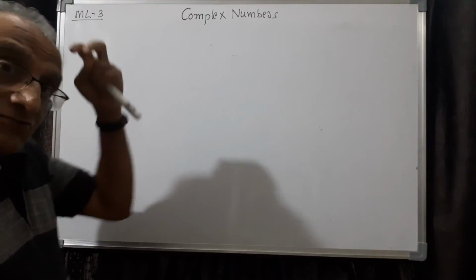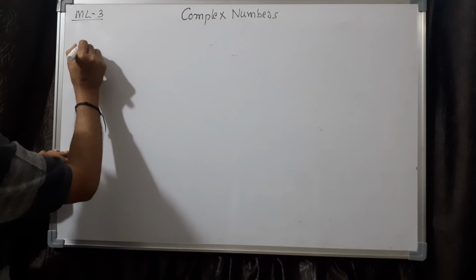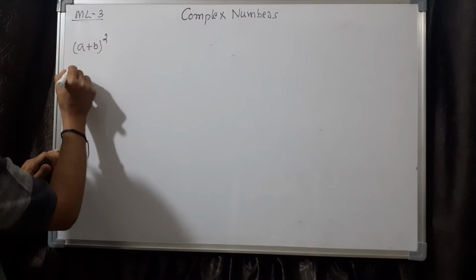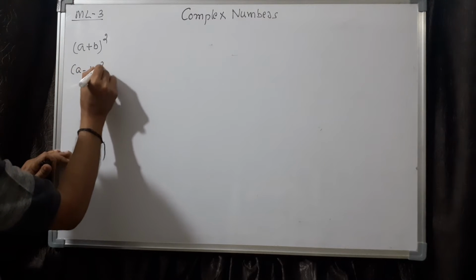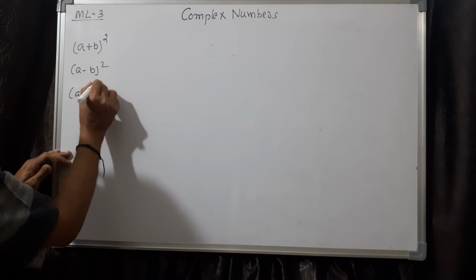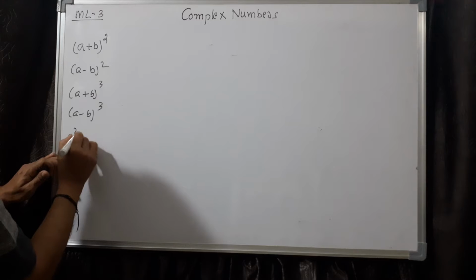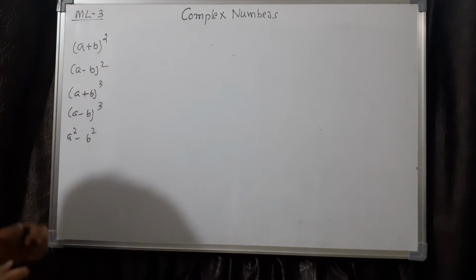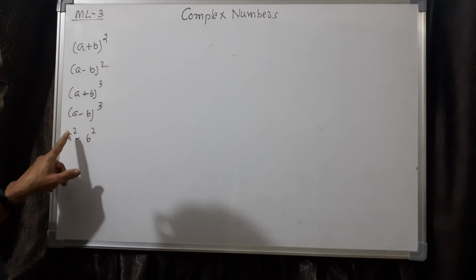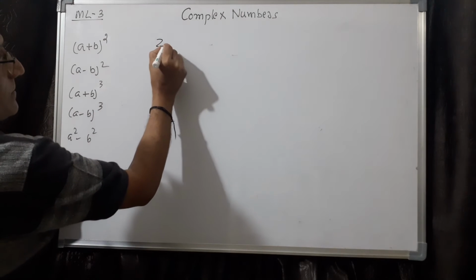Then the last one is identity. We have studied this one. For example, we have studied (a plus b) whole square, then (a minus b) whole square. A lot of identities are studied. (a plus b) whole cube, (a minus b) whole cube, a square minus b square. These are the basic identities which are often repeated. In exactly the same way, the identity is valid in case of complex numbers also.